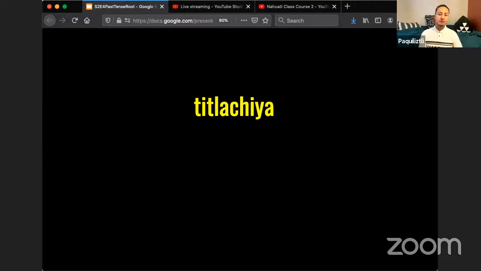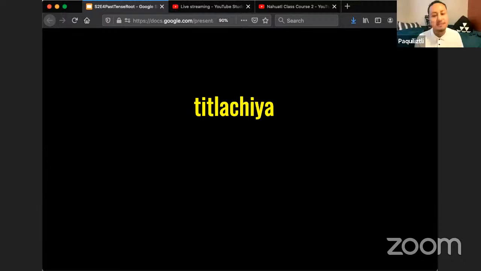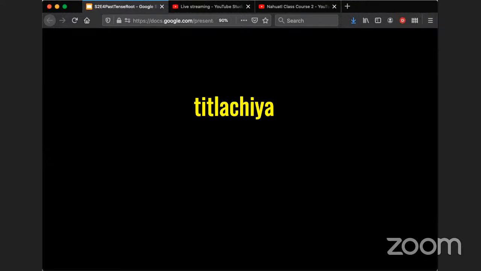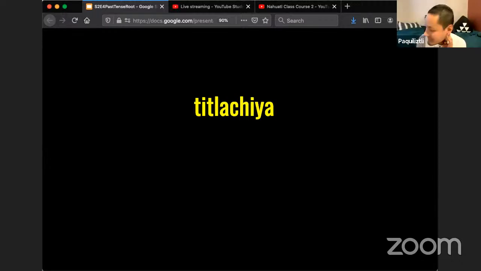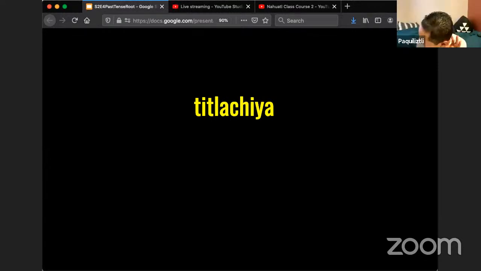So for class 2 verbs, when you put them in the past tense, you gotta first remove the last vowel, change the Y to an X. So in Huasteca, it would be titlachishki. Forgot to remove that A. So then remove the A.